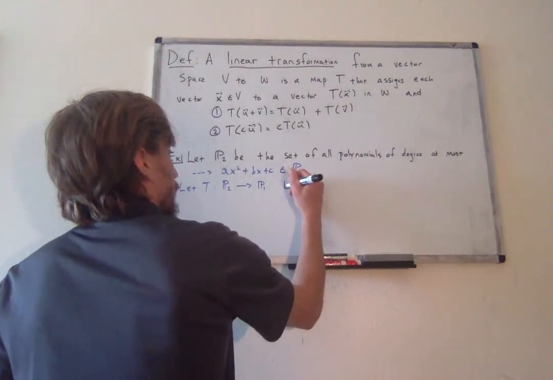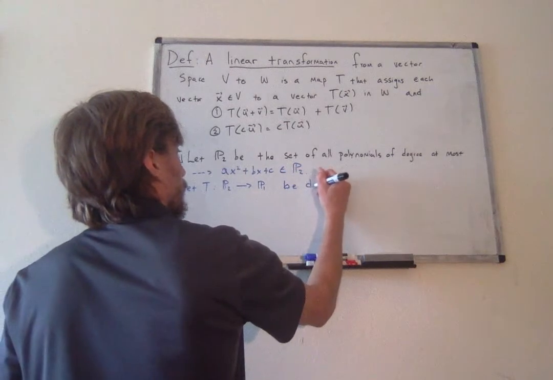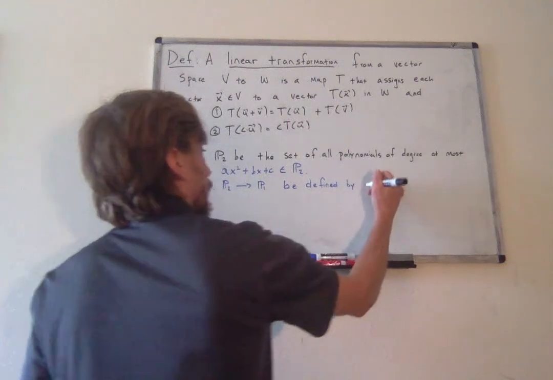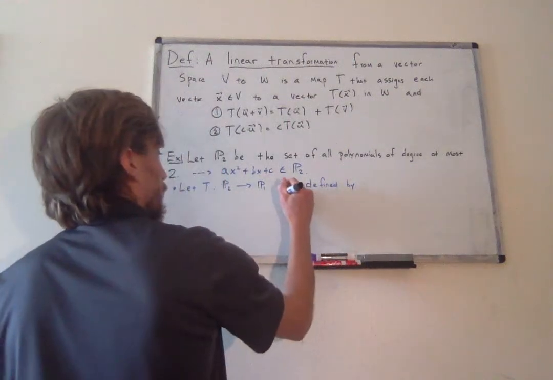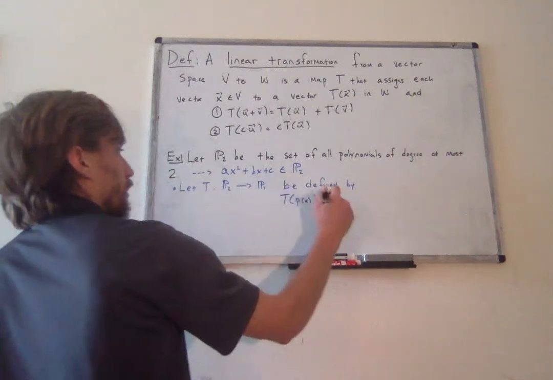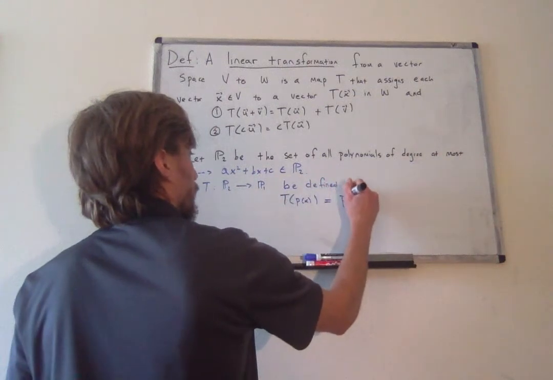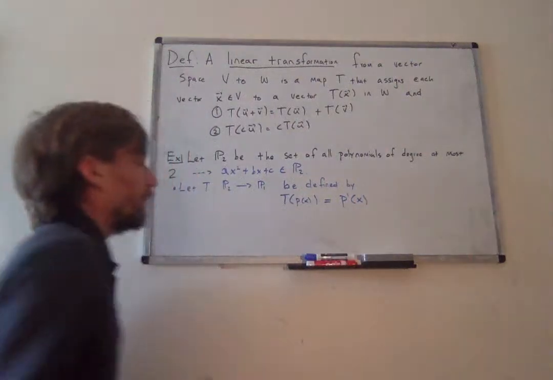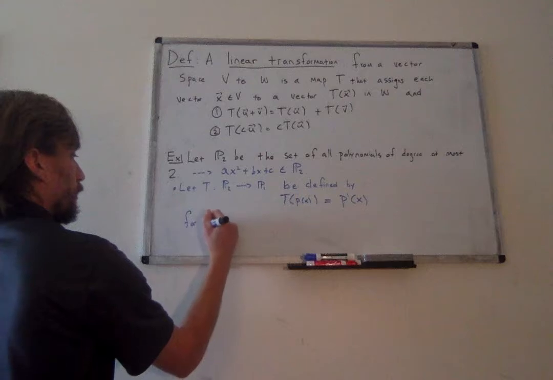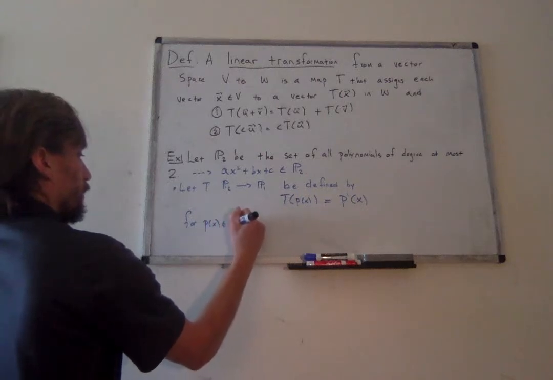Let T be defined by: we're going to take any polynomial p of x in P2 and send it to its derivative p prime of x, for p of x in P2.